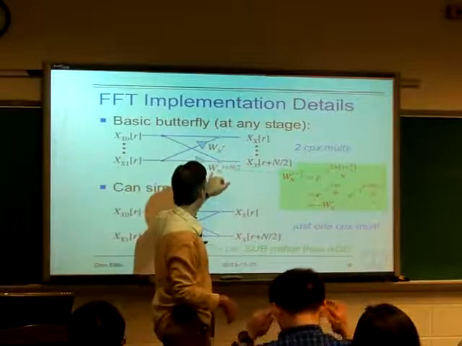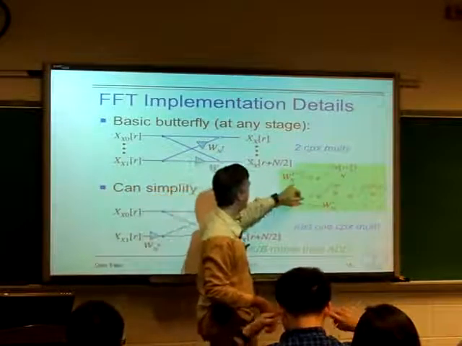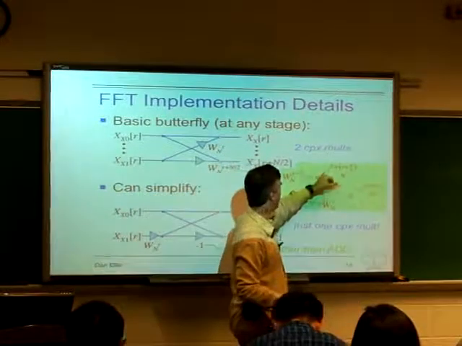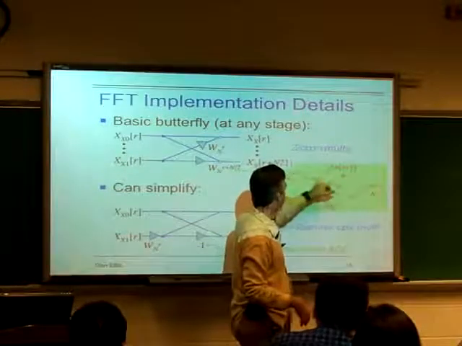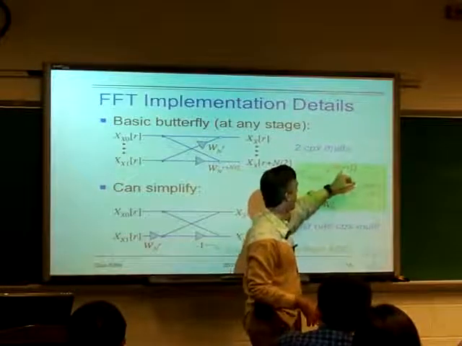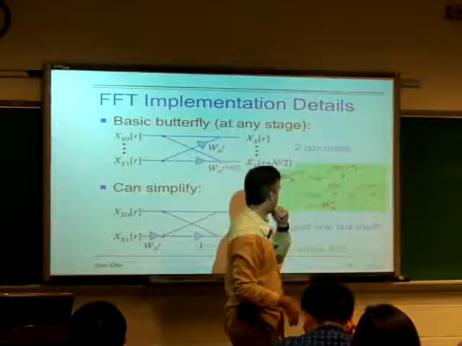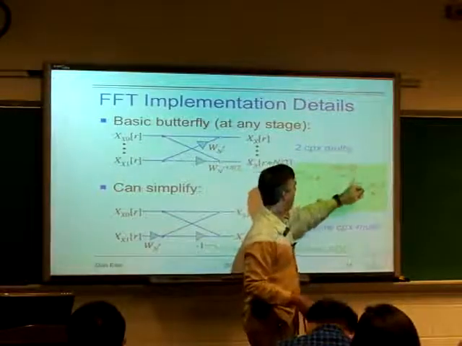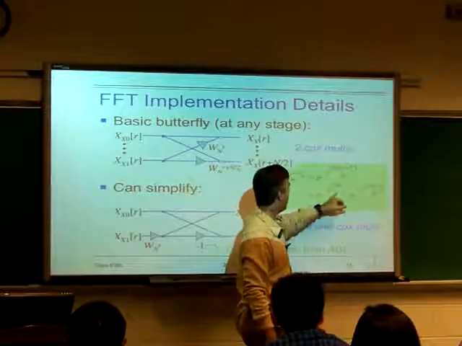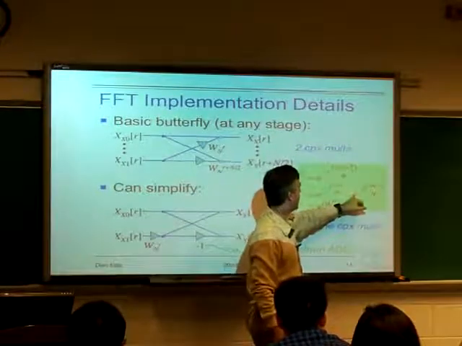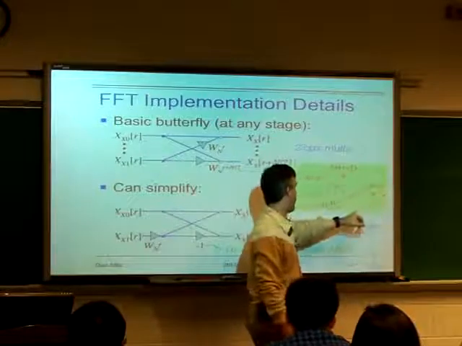This factor here, w sub n to the r plus n on 2: well, w sub n is just e to the minus j 2 pi on n, so w sub n raised to the power of r plus n on 2 is e to the minus j 2 pi on n times r plus n on 2. We can distribute over that sum, so it's e to the minus j 2 pi r on n times e to the minus j 2 pi n on 2 on n.